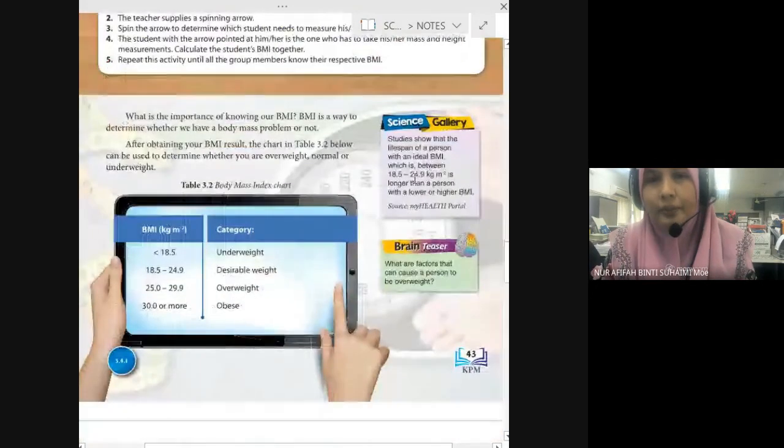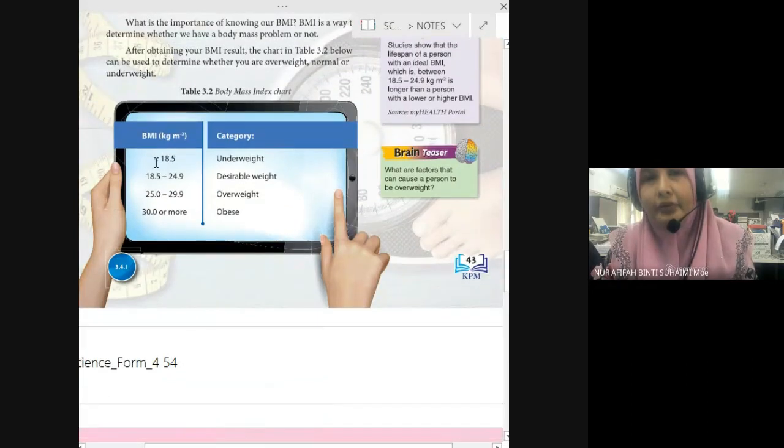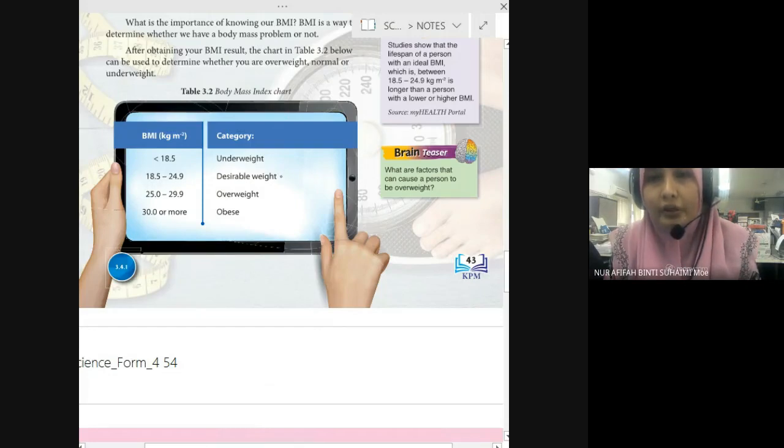That's for BMI. So what's the importance of knowing your BMI? Here we have the range less than 18.5, which we call underweight. In between 18.5 to 24.9 is desirable weight. This one we want. 25 to 29.9 is overweight, and 30 or more is obese.